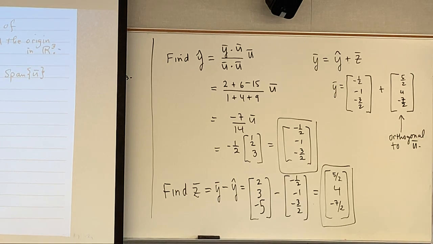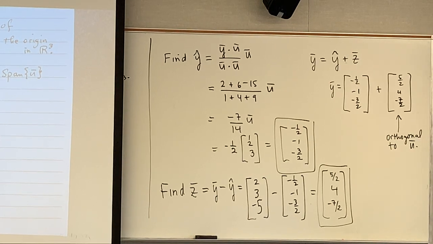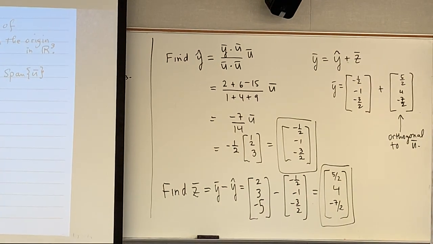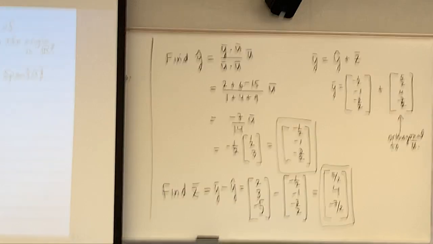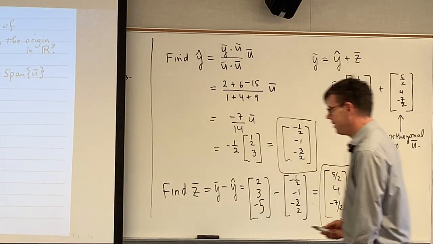So we can check here by dotting the z vector with u, and I'm afraid to do that. Negative 21/2 plus 16/2 plus 5/2. Yes, it works. It came out.